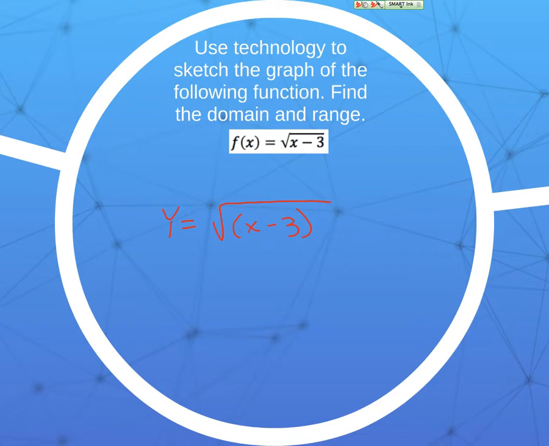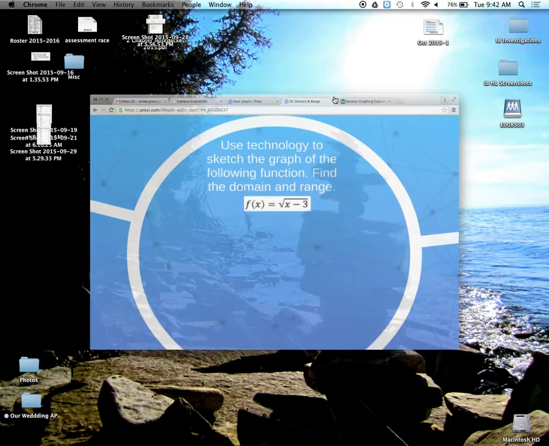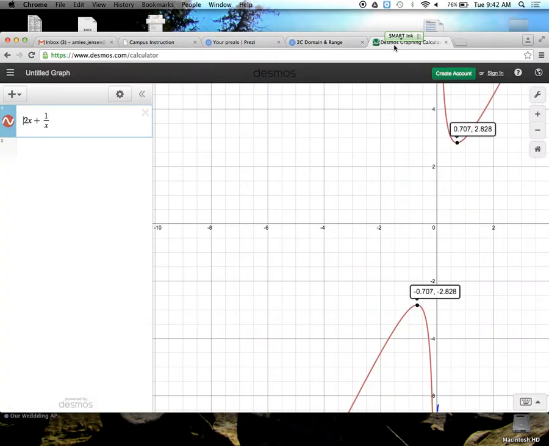Once you have that, then you can go to the button on the right that says graph. And your picture should start coming up. So I'm going to type mine in decimals while you guys go ahead and type that in yours.